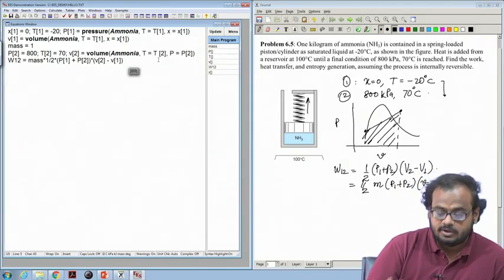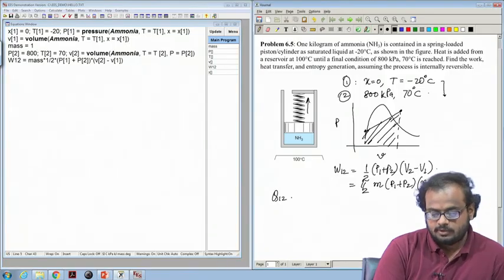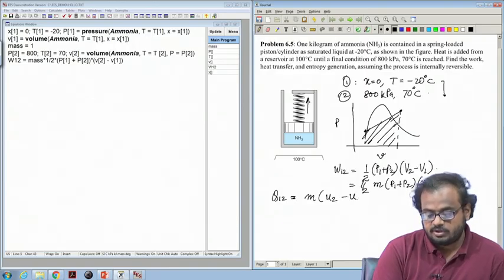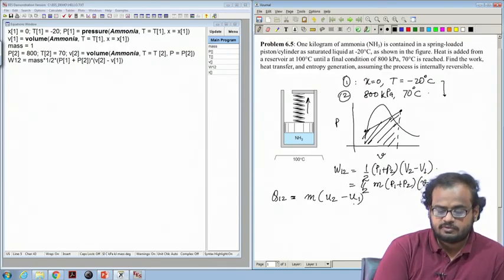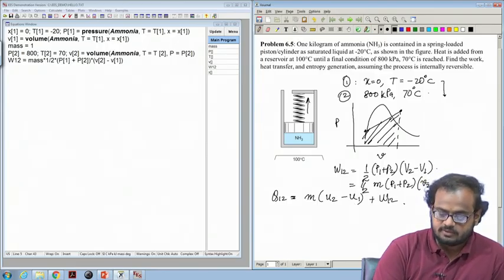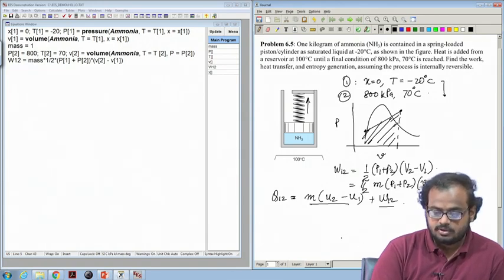To find the heat transfer, we invoke the first law of thermodynamics, in which the heat transfer to the system is equal to the change in the internal energy, where we assume that the kinetic energy and potential energy differences are negligible, plus the work done by the system. So, here work is done by the system and there is a change in internal energy.